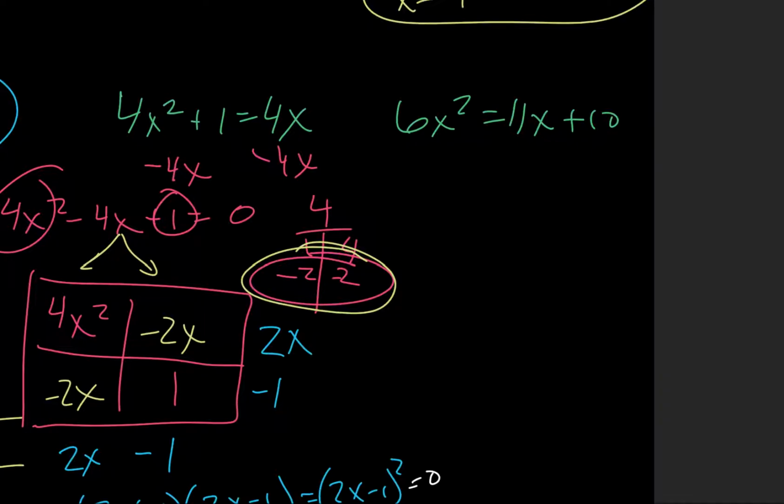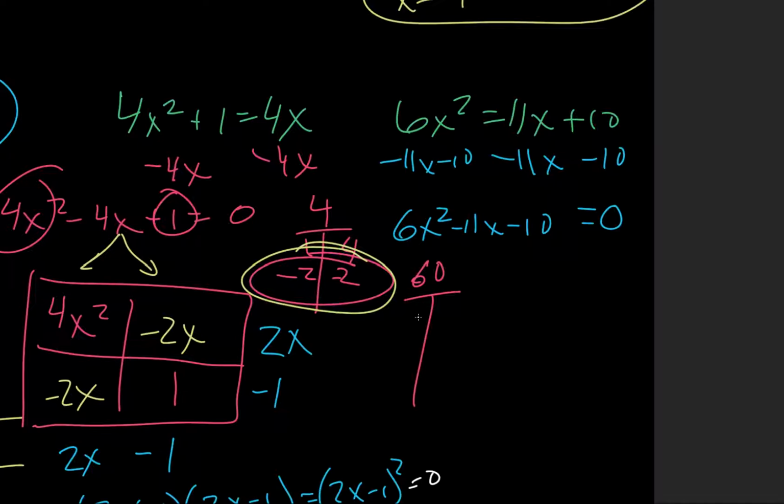Okay, coming up to this next one, we need to get everything on the same side. Okay, all that cancels, so we get 0 on this side. We get 6x squared minus 11x minus 10 equals 0. We do 6 times 10 to get 60.